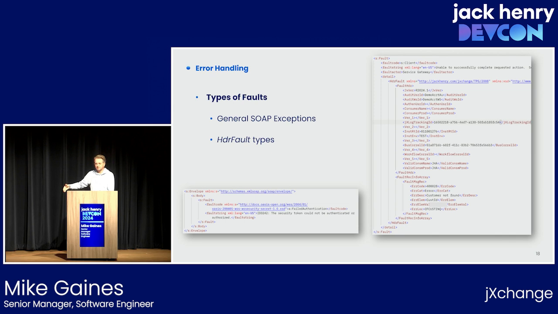Some are warnings, some are overridable, so you can request that an error be ignored. That's one of the nice things about the APIs. And it'll tell you what element caused the error and where in the code in the provider the error came from, which is very helpful from a support standpoint.